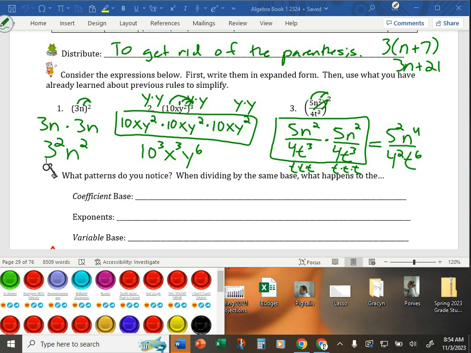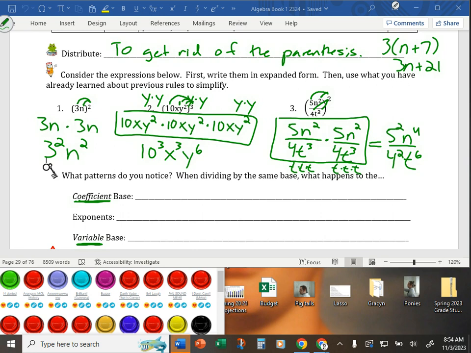And you get that when you have parentheses, right? Let's fill out the rule here, okay? So you'll notice that they're a little bit different. It's not strictly coefficient, exponents, base here, because there is a difference between a coefficient base and a variable base.